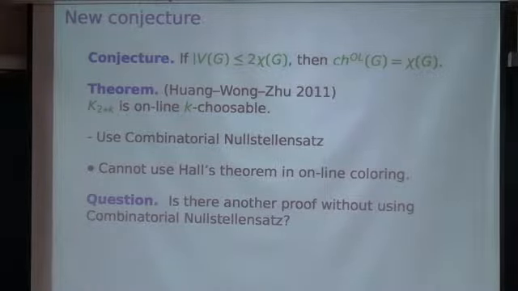The reason is, to use Hall's theorem, we need to know in advance which neighbors each vertex has. But in online coloring, we don't have such information. So the question is, is there another proof without using the combinatorial Nullstellensatz or Hall's theorem? I mean, in the general case.